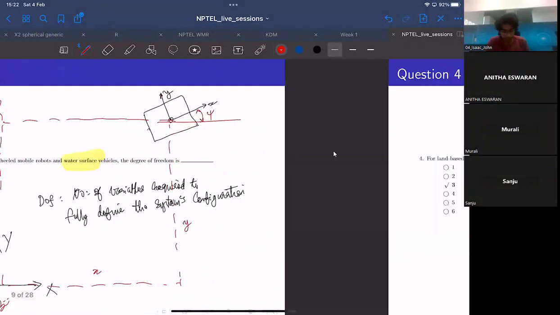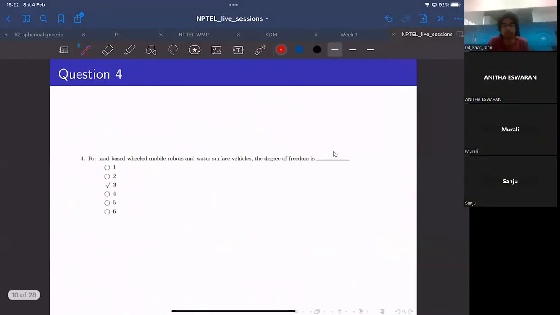All right. So the answer is indeed 3 degrees of freedom for wheeled mobile robots and water surface vehicles. So how many degrees of freedom does an aerial robot have? Can anyone reply to that question? In case of an aerial robot, how many degrees of freedom does it require? Sanju says 6. What about others?